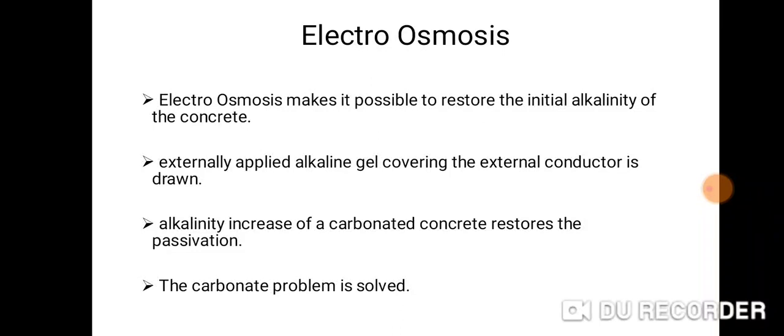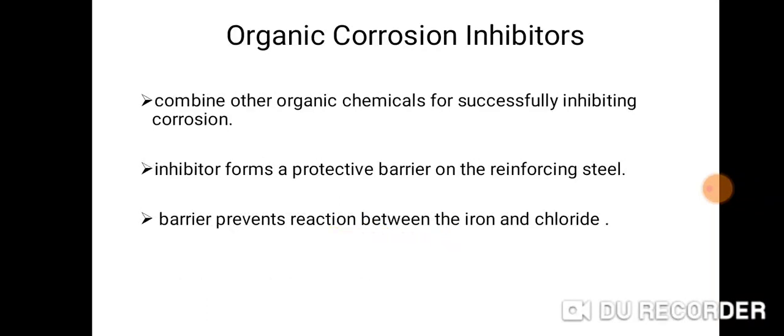The carbonation problem is solved. Organic corrosion inhibitors combine other organic chemicals for successfully inhibiting corrosion. Inhibitors form protective barriers on the reinforcing steel. Barriers prevent reaction between the iron and chlorides.